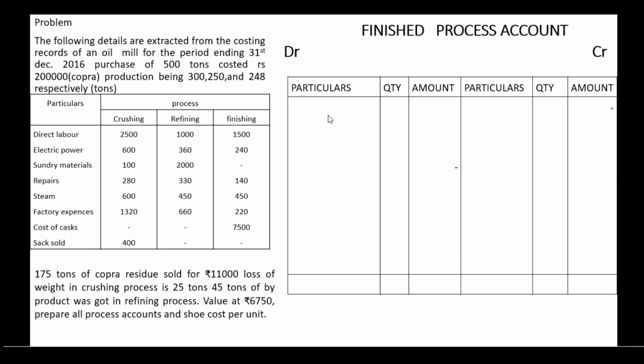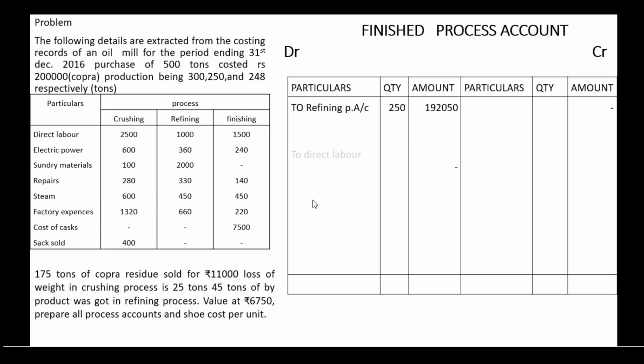So here first we enter the transfer from the refining process. So here we enter it as to refining process account. Quantities are 250, amount 1,92,050 rupees.